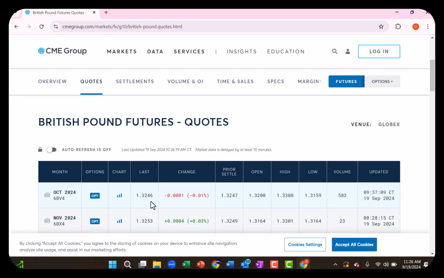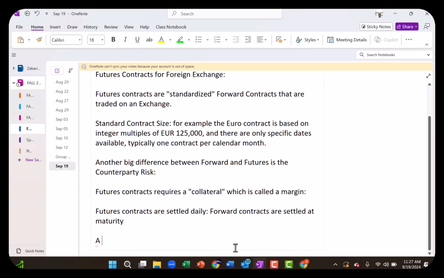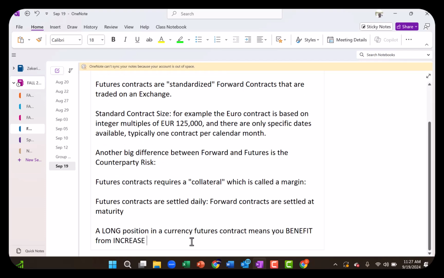A long position, let's write these down, in a currency futures contract, in fact the same thing is true for forwards as well, means you benefit from an increase in the value of that currency.